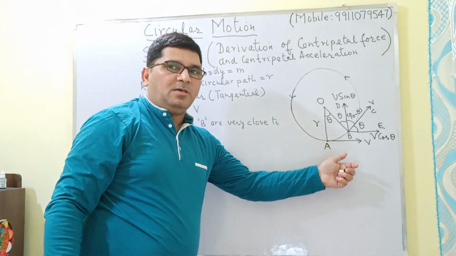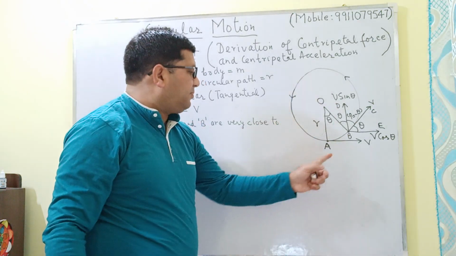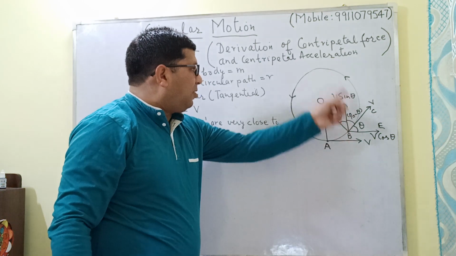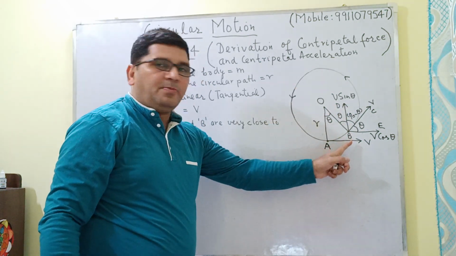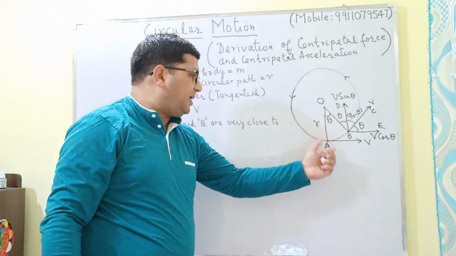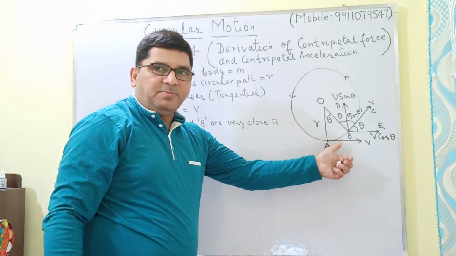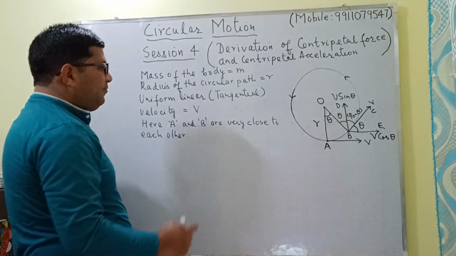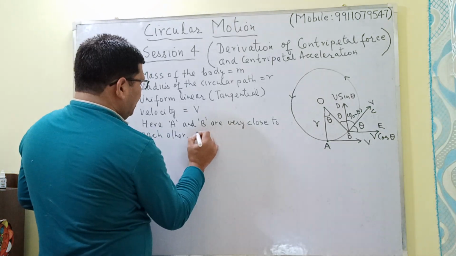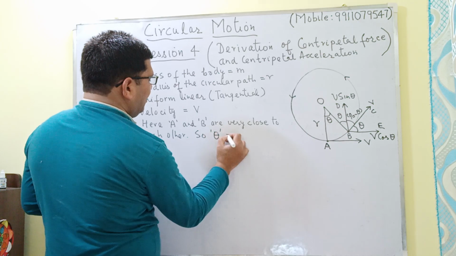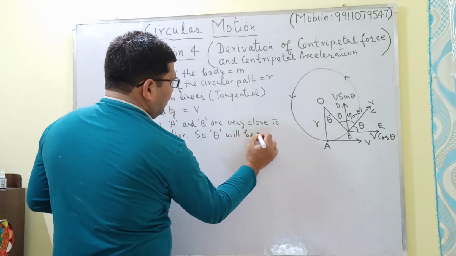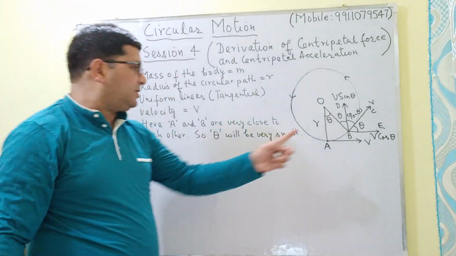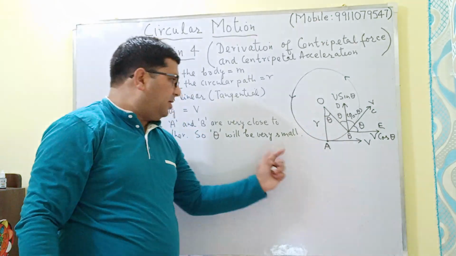A and B are the positions of this object, where A is the bottommost position of this circular path, and B is the position of that body after a time t. Since A and B are very close to each other, therefore theta will be very small in this case.